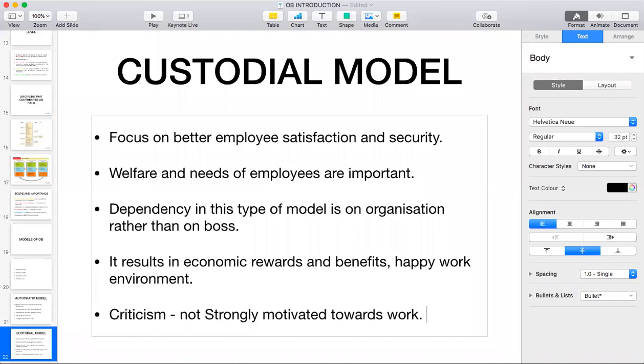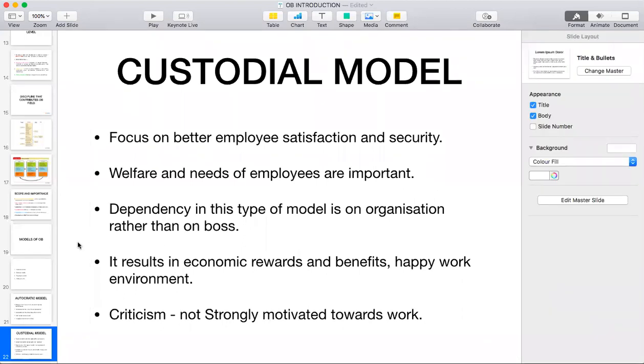The focus is only on the benefit or importance given to the employee. It's very important, but simultaneously you need to think about the work culture, the work pressure, the targets of the company. So that is one of the only disadvantages, employees not strongly motivated towards work.